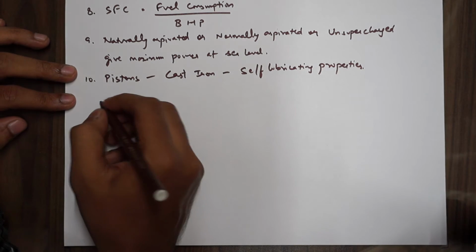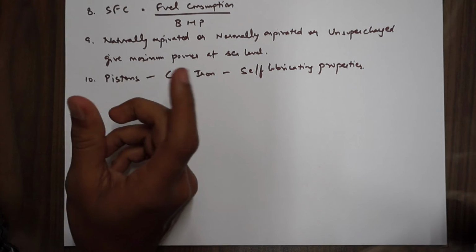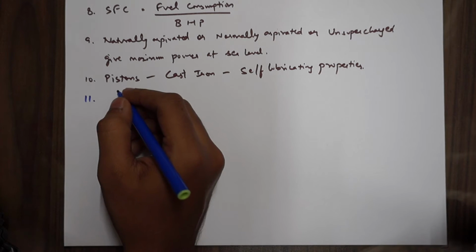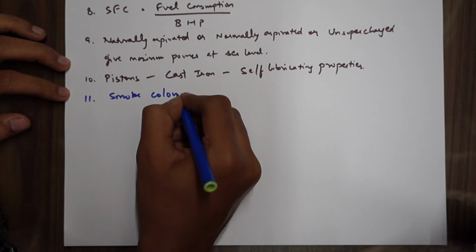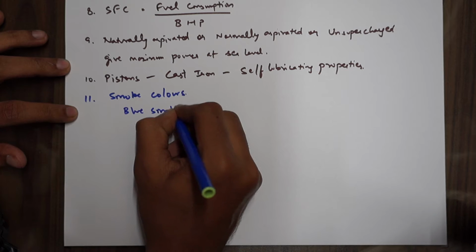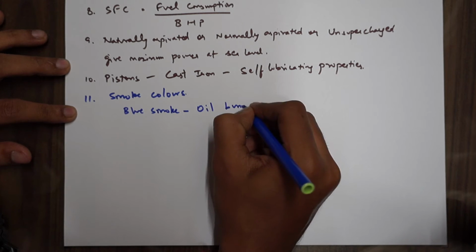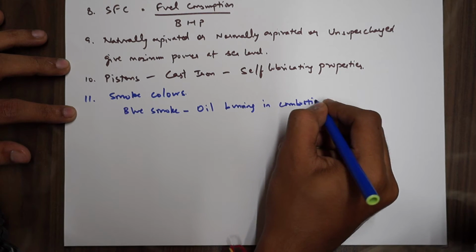Alright, now the most important part that you have to actually remember during an exam are these smoke colors. Blue smoke indicates oil burning in the combustion chamber.